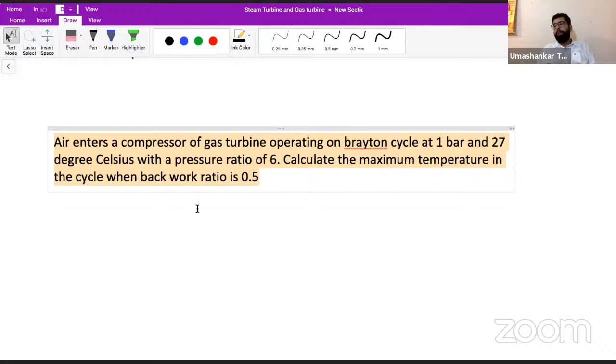I hope you guys remember what the back work ratio is here.